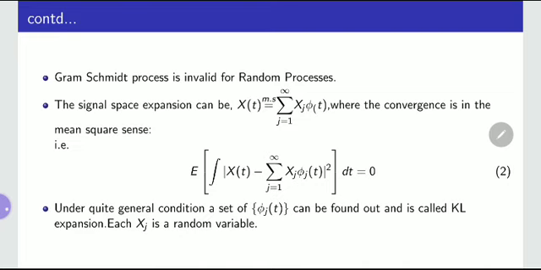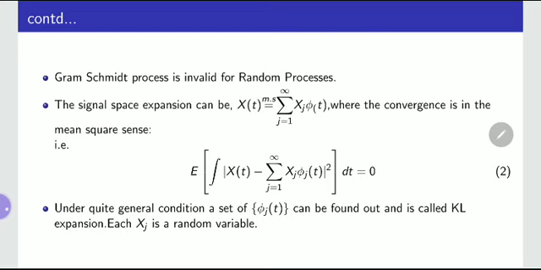The maximum we can do is expand the random process x(t) as a point in an infinite dimensional space, represented as x(t) equal to sigma j equal to 1 to infinity X_j phi_j(t), where capital X_j are the coefficients, and this convergence is in the mean square sense.